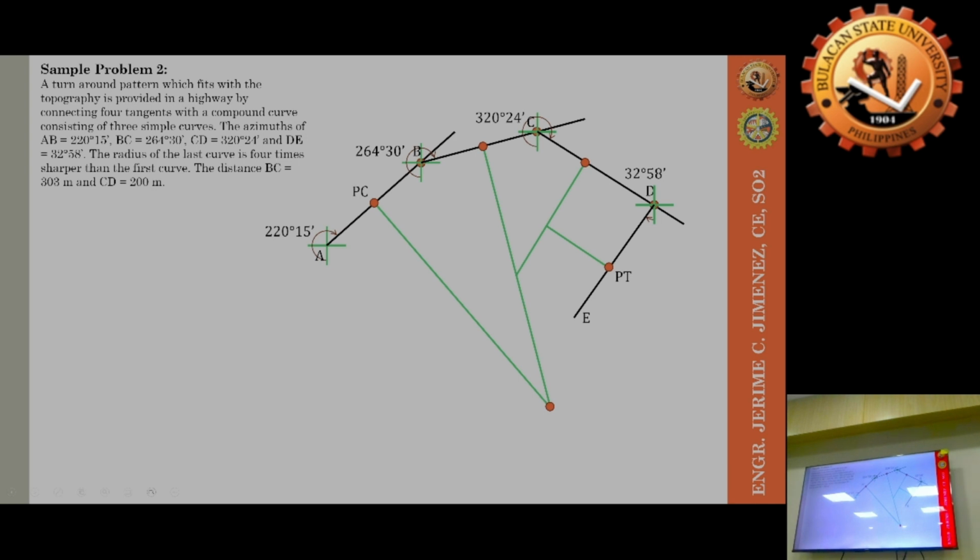So, ito yung mga points natin, yung point of origin ng first curve natin. And this will be yung point of origin ng second curve natin and point of origin ng third curve natin. Kung mapapansin nyo, sabi ko nga diba kanina sa compound curve definition, kailangan daw lahat ng origins is along the line of the PCC or the common tangent.